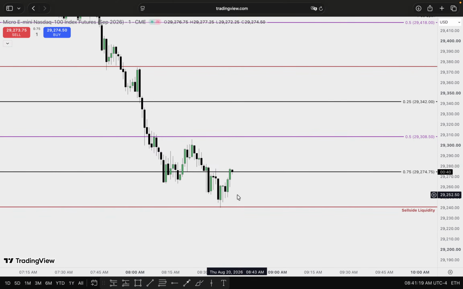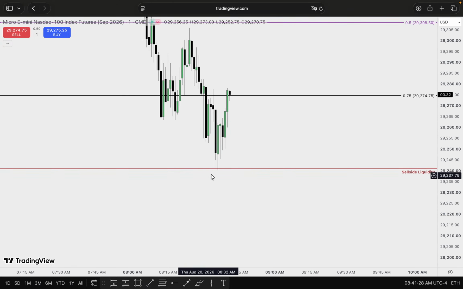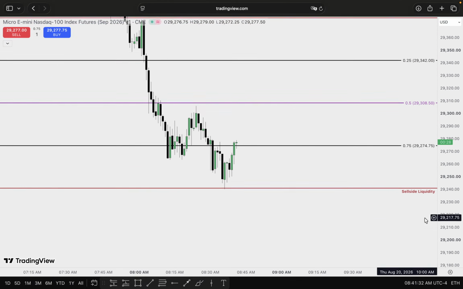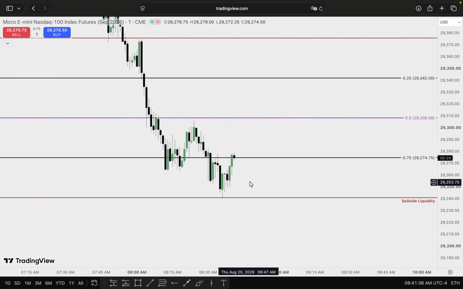But we did sweep that low very, very shallow, so I wouldn't be surprised if we want to come back for that low. But we did take it out right there. So I'm gonna need a move that's very convincing before I end up considering something. You feel me? So we're just gonna keep watching this and see if we can get some conviction in price.